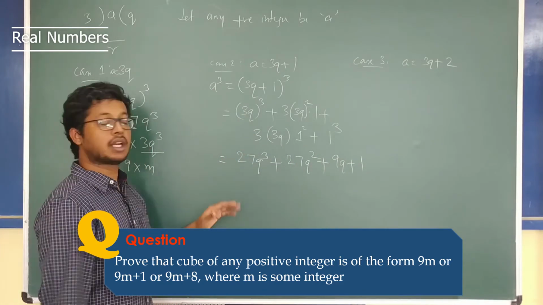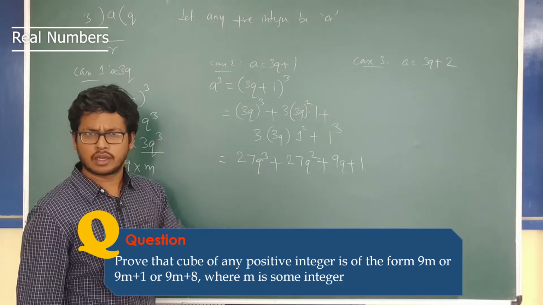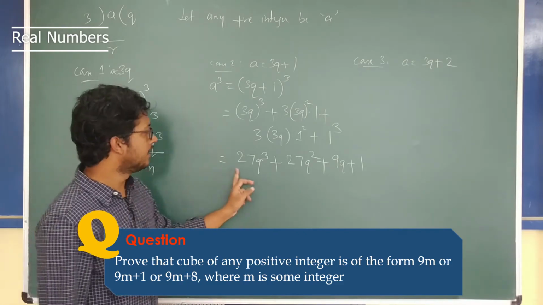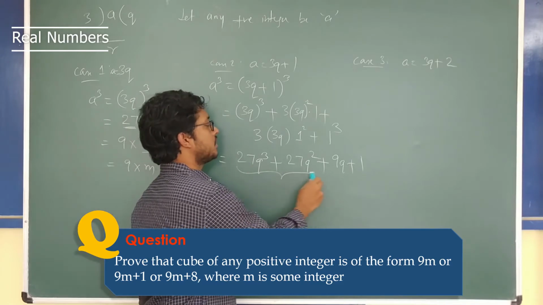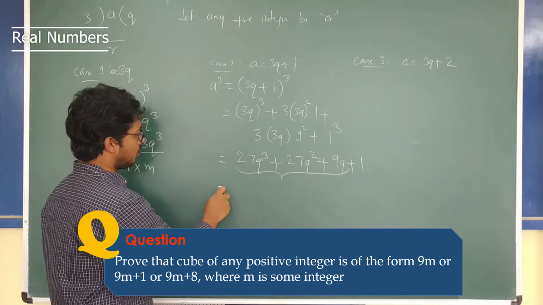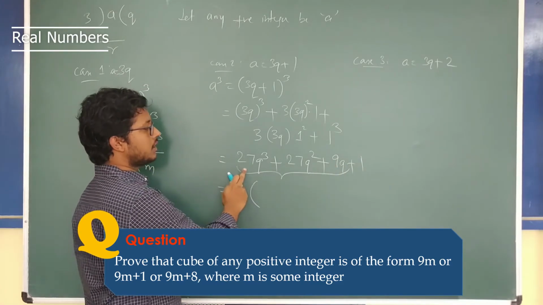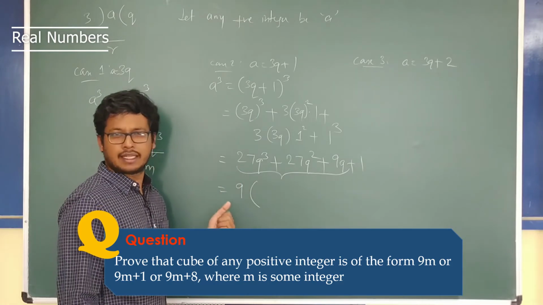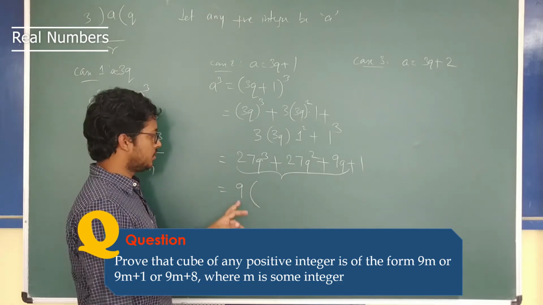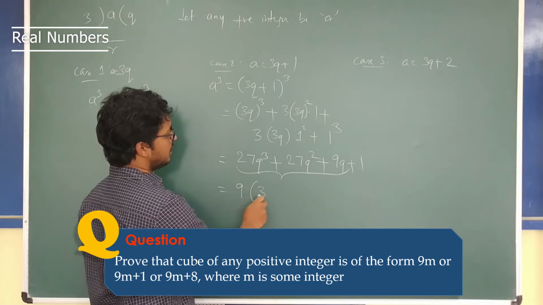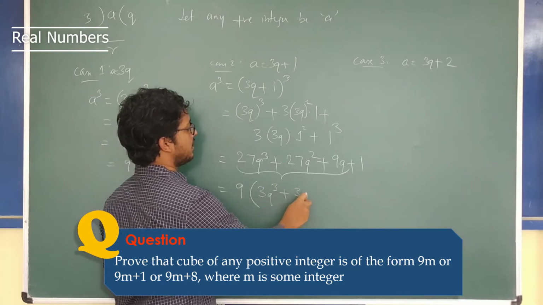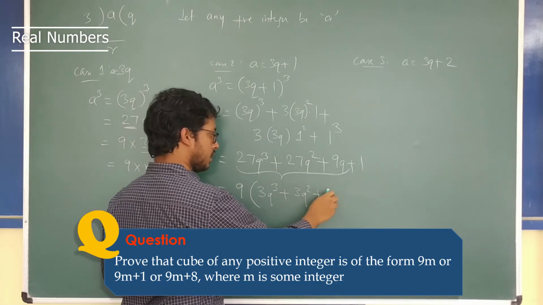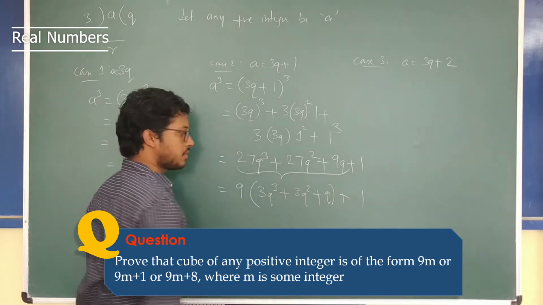Now we want to write in the form 9m plus 1 or 9m plus 8. So let's see what happens here. Amongst all these terms, you can take 9 outside. When I take 9 outside, don't take 9q, we don't want q here. So we just take 9 outside. So remains 3q cube plus 3q square plus q, and this plus 1 as it is.